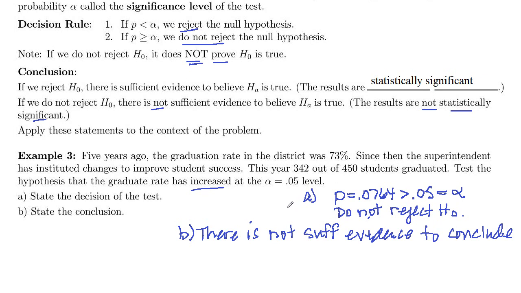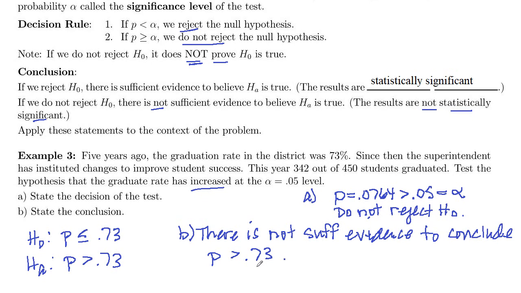And for our alternative, remember, we were testing to see if it increased. So this was p greater than 0.73. That was our alternative. So there's not sufficient evidence to conclude that the proportion is greater than 0.73. So that's our conclusion. It's always related to HA. And then H0, remember, was p less than or equal to 0.73.